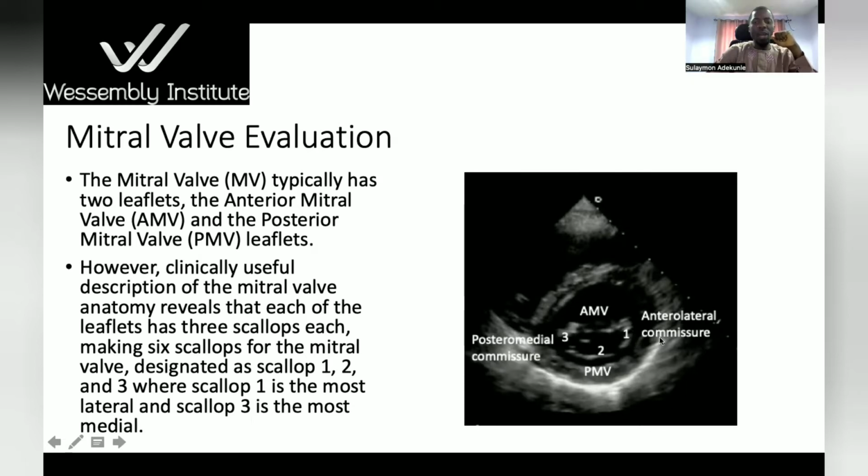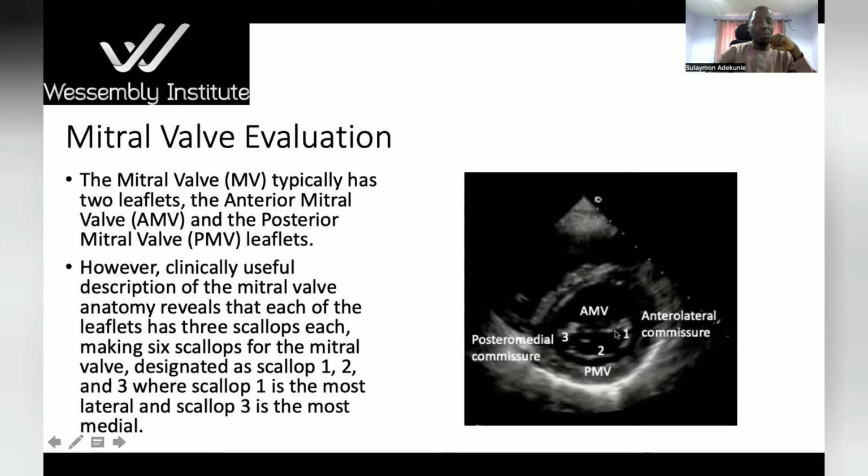So we have the anterior and posterior mitral valve leaflets divided into 3 scallops, 1, 2, 3. And of course, both have their commissures on both ends, which we call the anterolateral commissure and the posteromedial commissure.